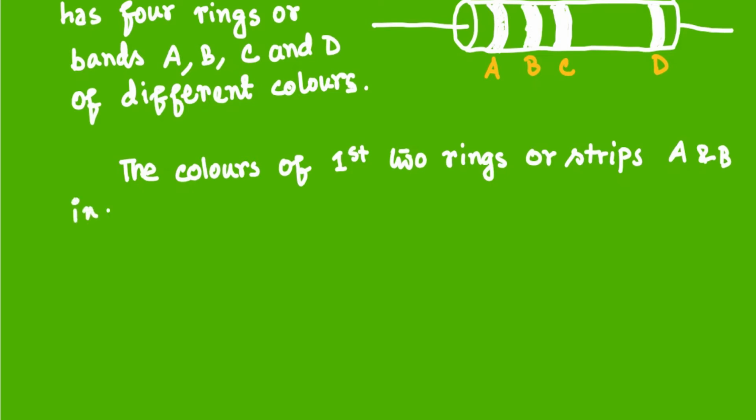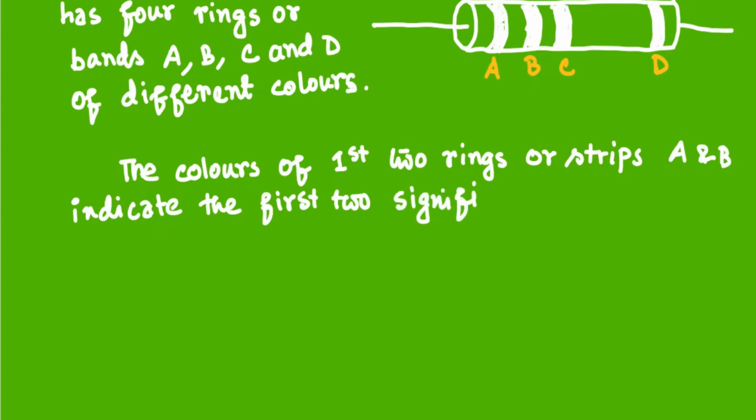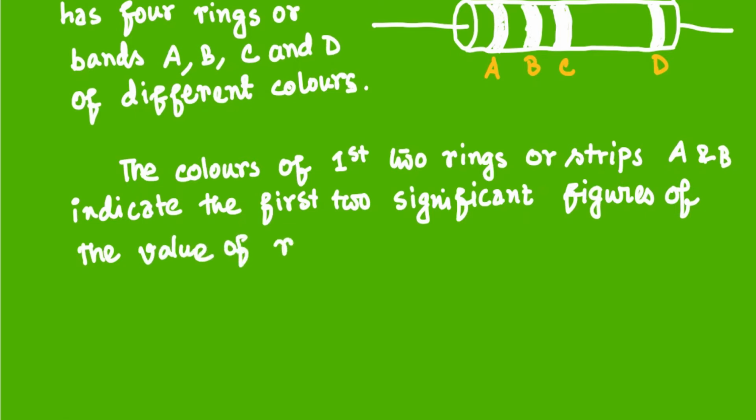The colors of the first two rings or strips A and B indicate the first two significant figures of the value of resistance in ohm.